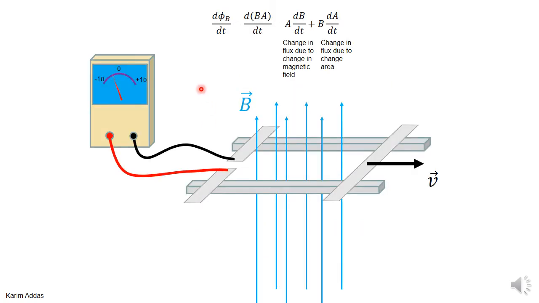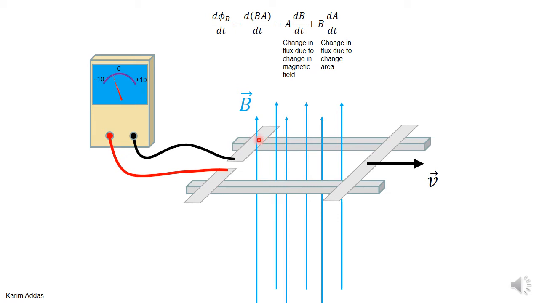Now, the magnetic flux could change due to two reasons. For instance, let's take this example. You have a rod that's moving with a certain velocity on two rails, and you complete the circuit with a meter that has some resistance also. The rods have some resistance.